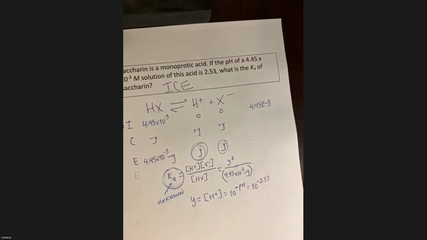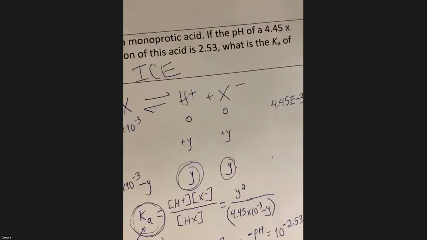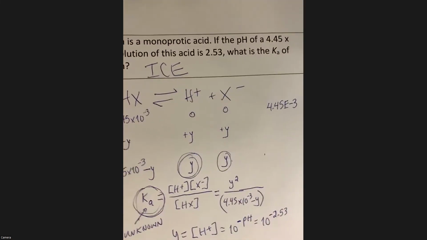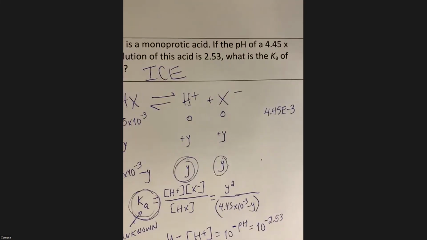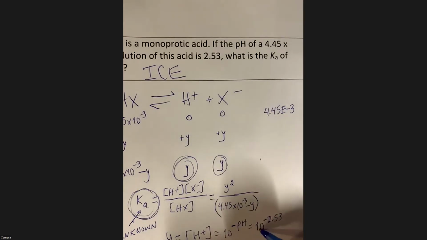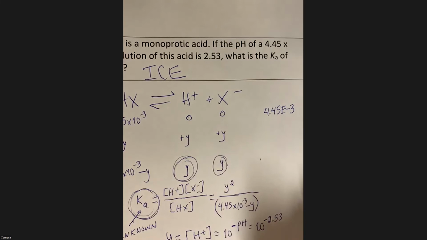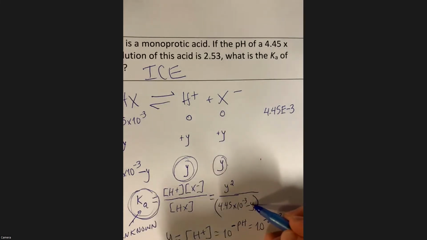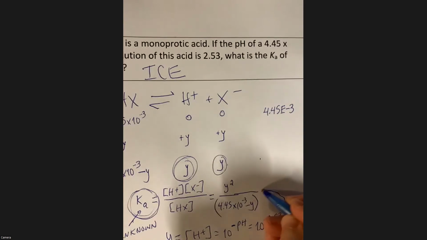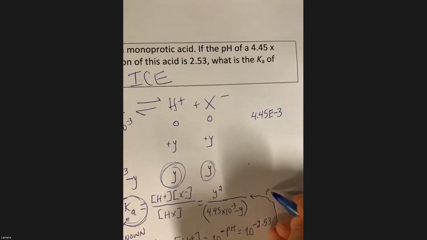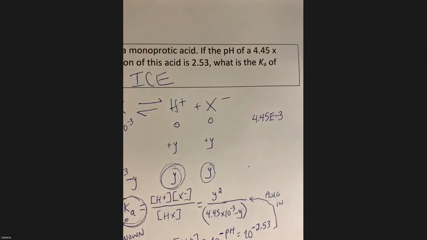This is where you're going to have to go to your calculator and figure out how your calculator does that kind of problem. I'm going to leave it at that because this basically gives me what Y is, and I can fit it in there. Once I fit it in, I'll decide if this is going to be significant or not. But basically, I'll just have to plug in, and the rest of the problem becomes math.